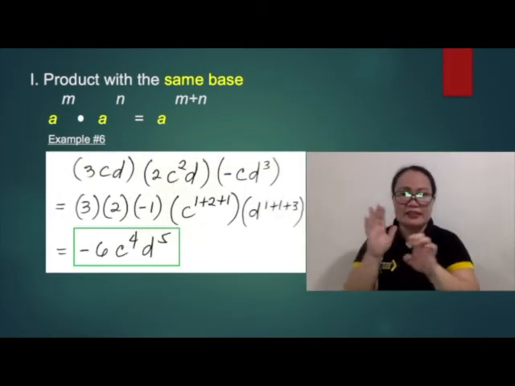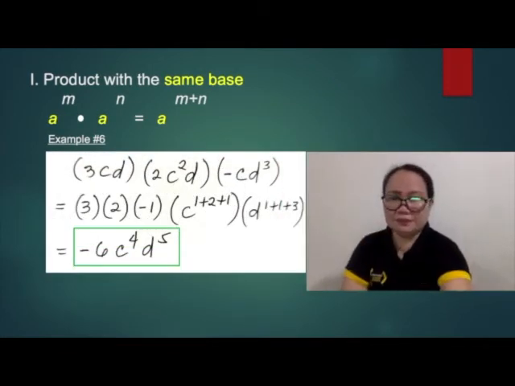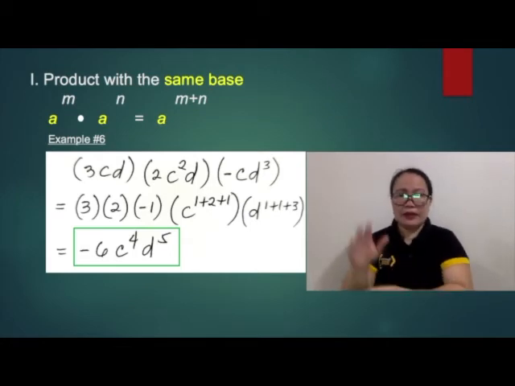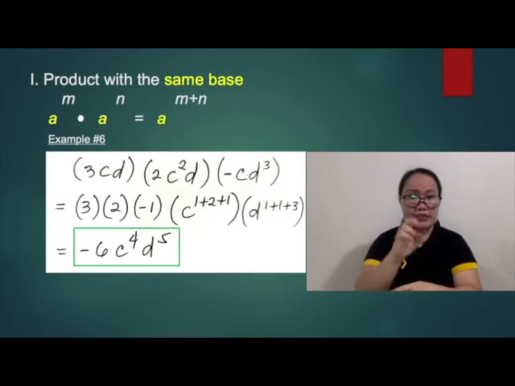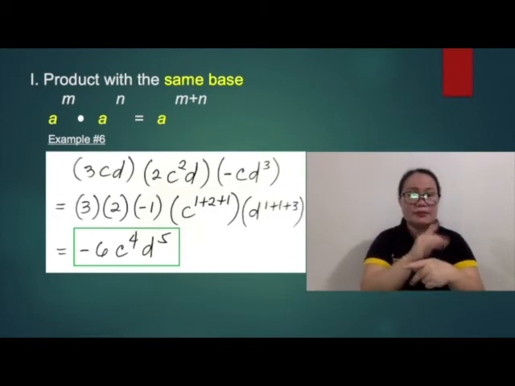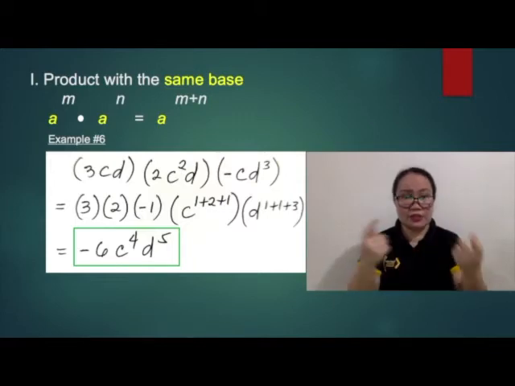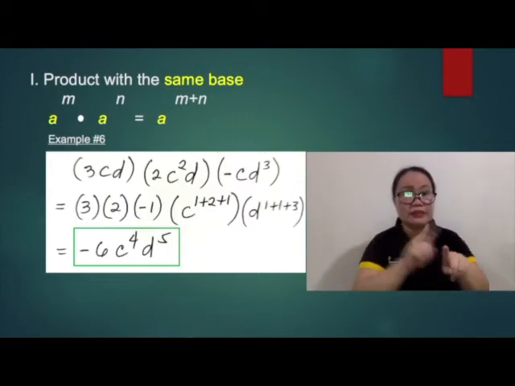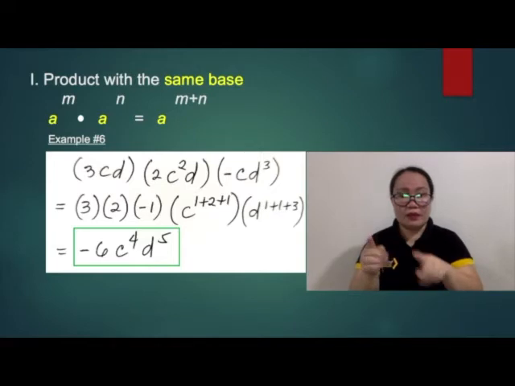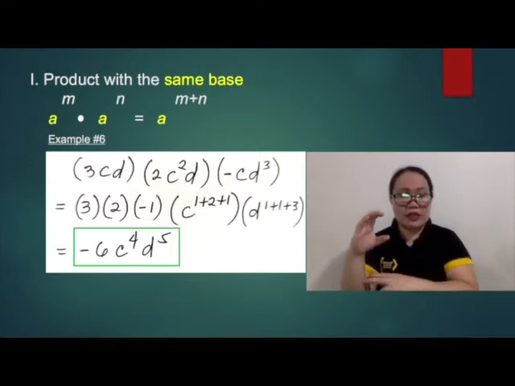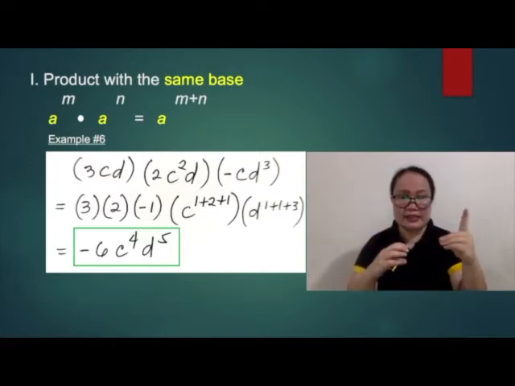For the next example, 3cd times 2c squared d times negative cd cubed. This time we have different variables, which are c and d.